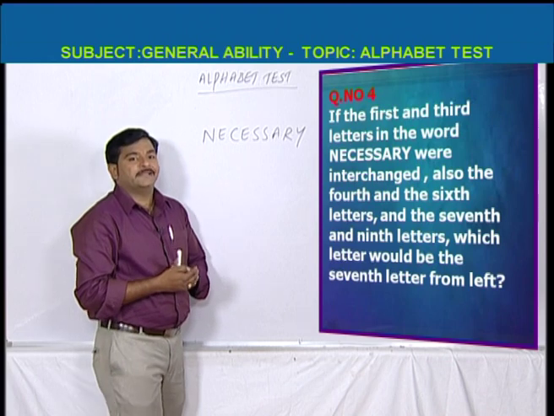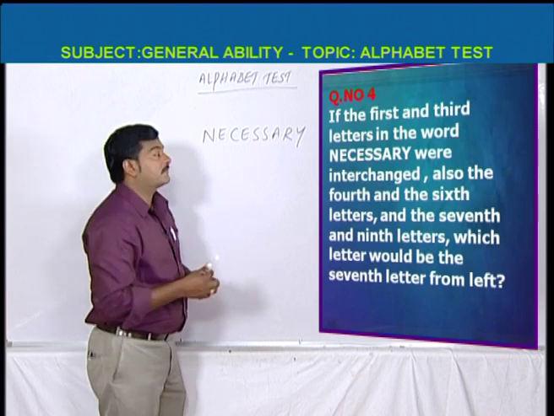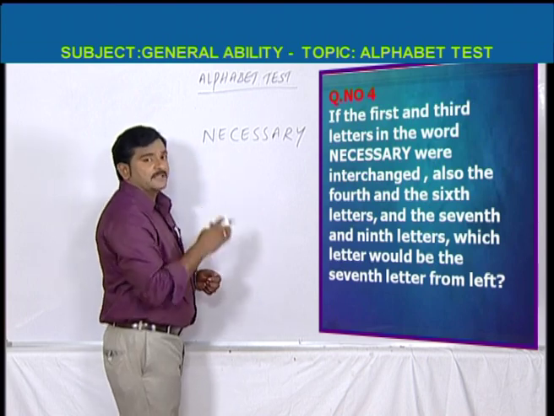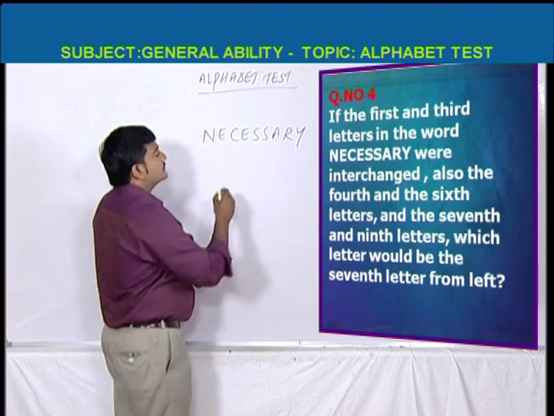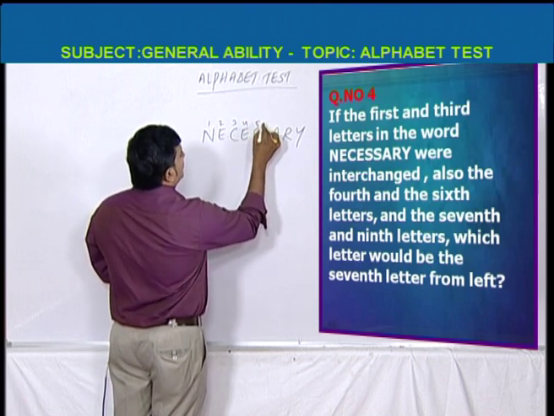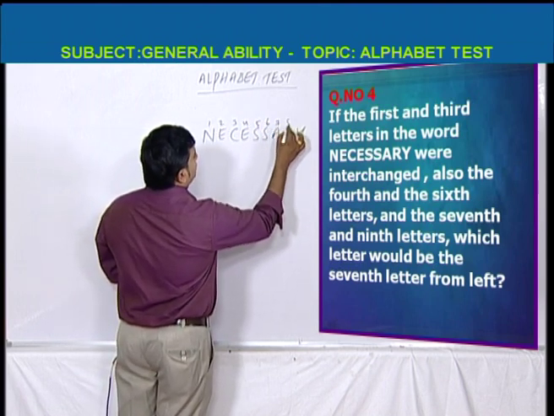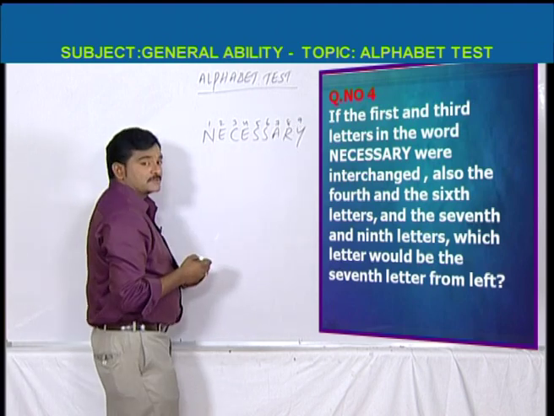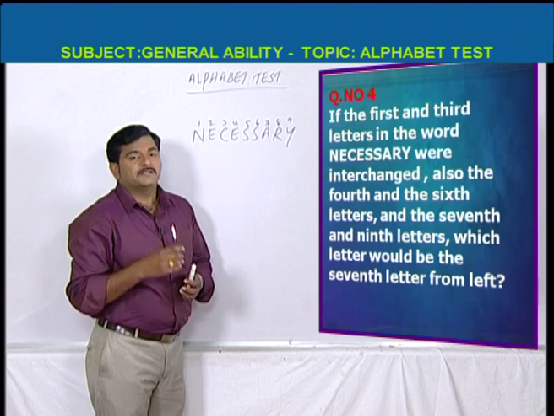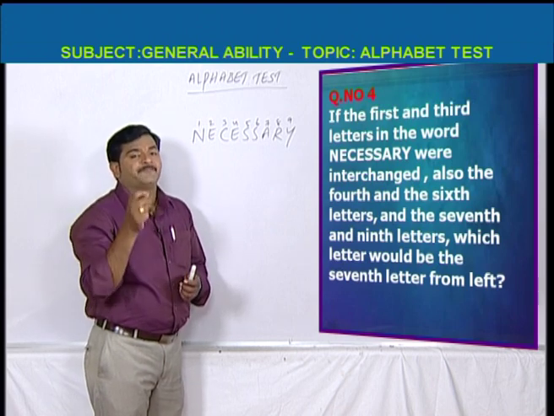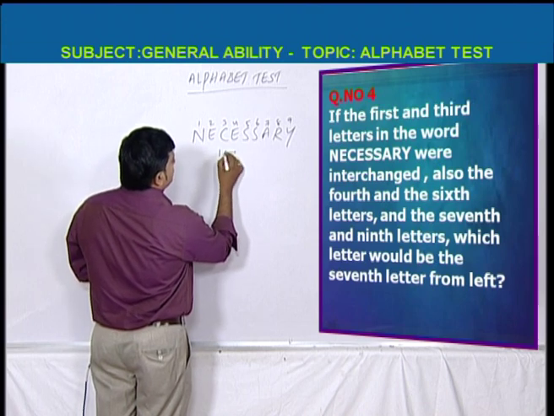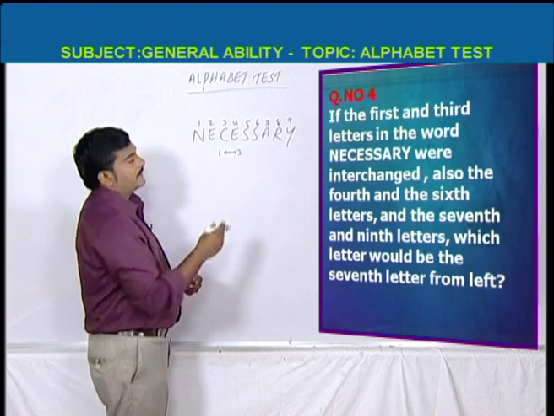Just observe here, NECESSARY. Just allocate numbers, not English alphabetical positions, just randomly give some integers: 1, 2, 3, 4, 5, 6, 7, 8 and 9. So he has given a 9-letter word. Out of that, what is he asking us to find? He asked to interchange the first and third letters.